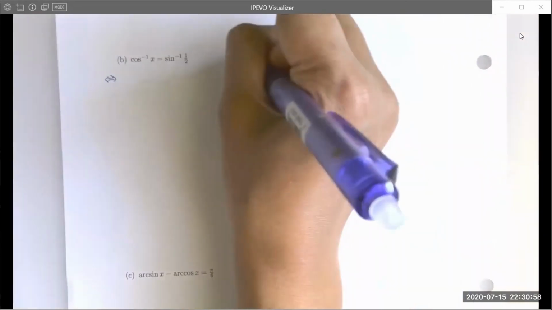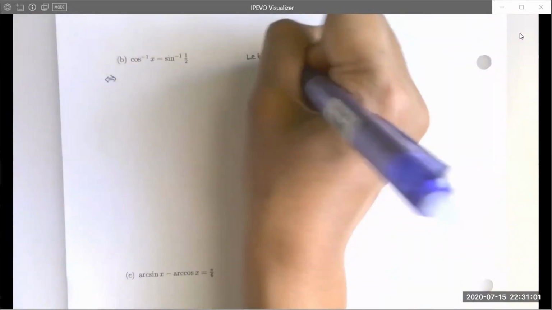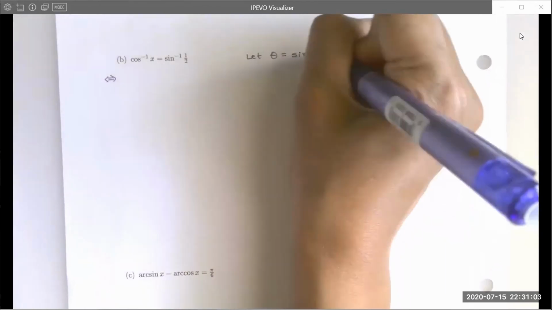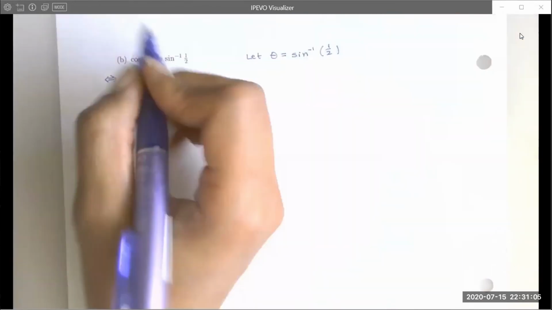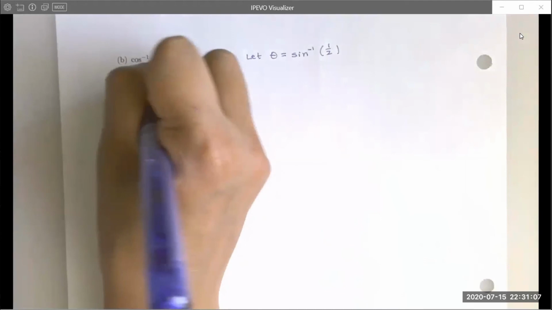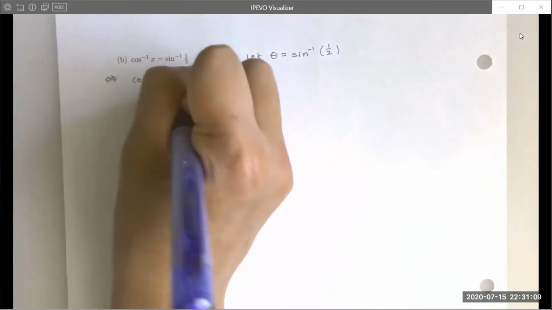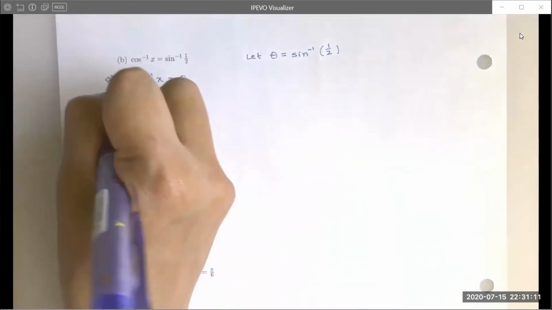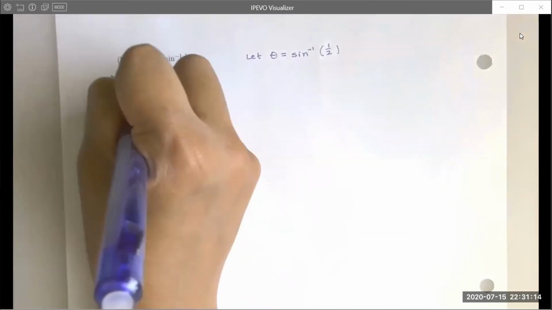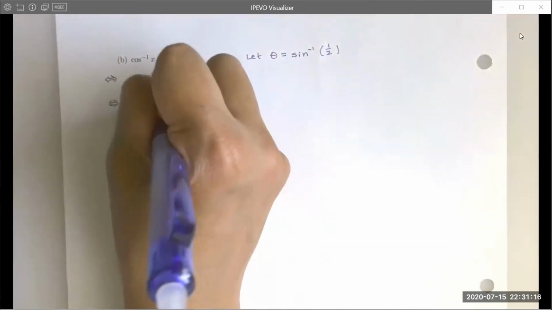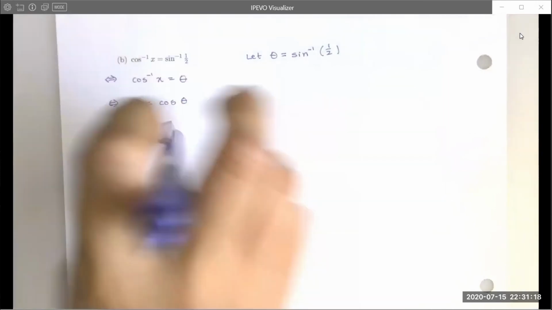Okay, so just to make it easy on ourselves, let theta be that angle that is returned by sine inverse of 1/2. Then what we're solving is cosine inverse of x is equal to theta, and that is equivalent to x being cosine of theta.